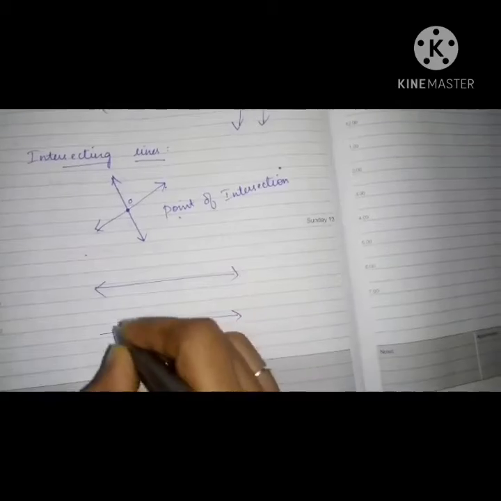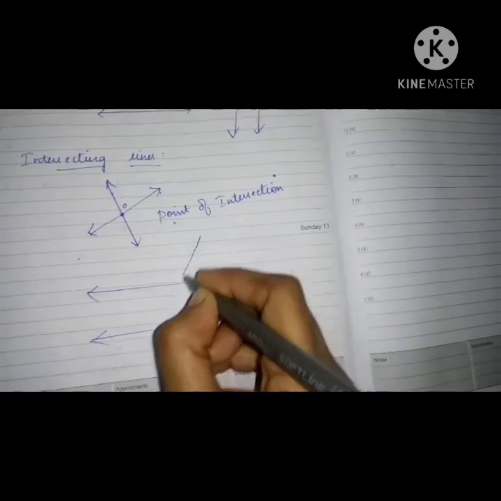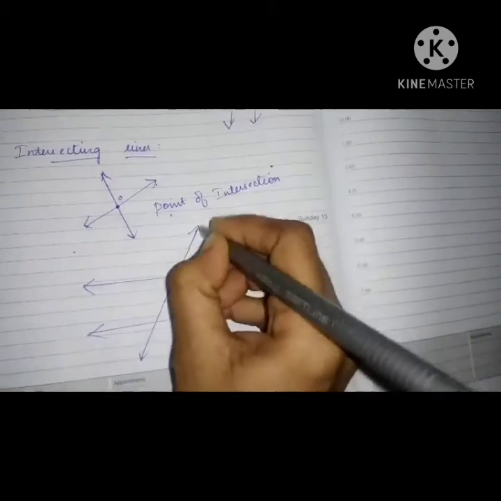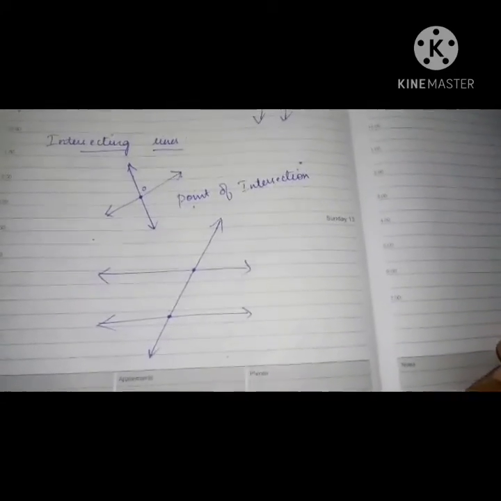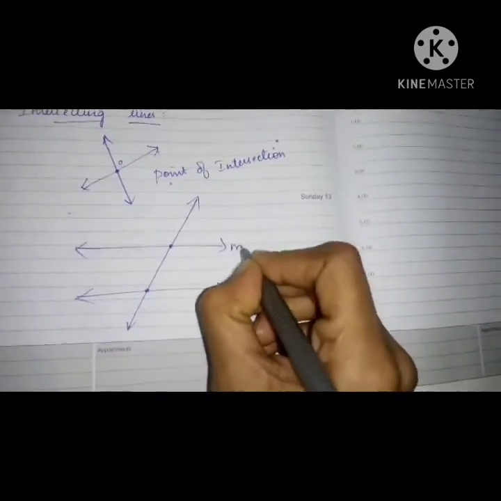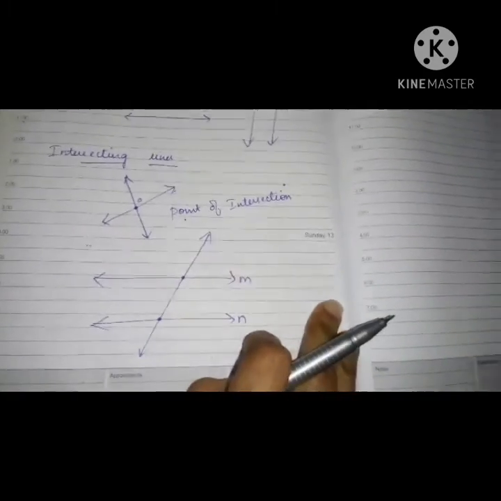Next is your transversal line. Transversal line means when there are two parallel lines travelling in both directions, and one line which touches both parallel lines at different points is called a transversal line. So if this is M and N, M and N are parallel lines.